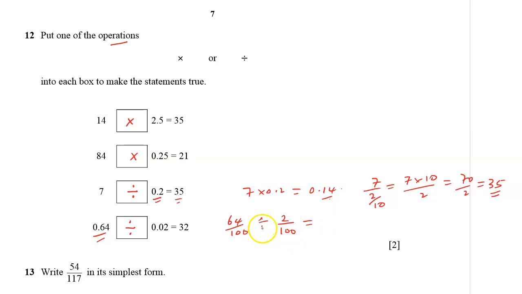When you have division, you can bring it to multiplication, and the second fraction gets flipped. 100 becomes the numerator, 2 becomes the denominator. Therefore, you can cancel the 100. So the equation will be 64 divided by 2, and this will give us 32, which we have right here.